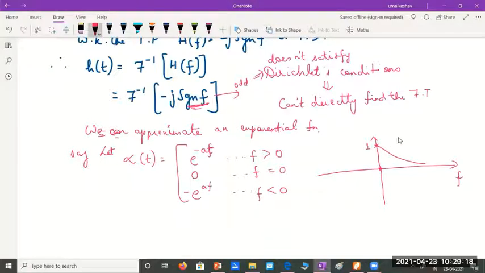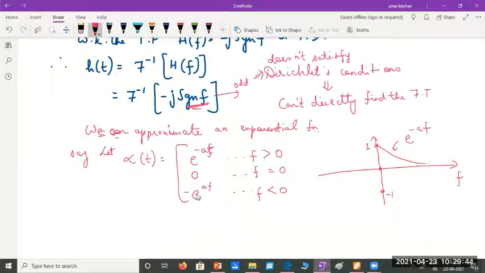This happens at all positive frequencies. At 0, this is supposed to be 0. And what is the value when I put f as 0 here? It becomes minus e power a into 0, or minus e power 0, which is minus 1.